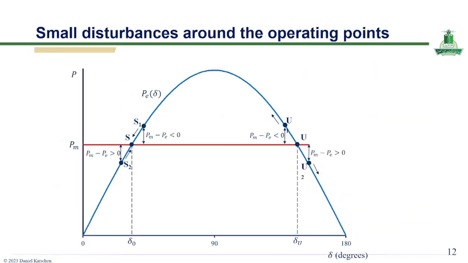Okay, this slide illustrates the concept of small disturbances around operating points using the power angle curve, PE with the delta. So the intersection between the mechanical input power, PM, the red line, and the electrical output power defines equilibrium points, this one and this one.